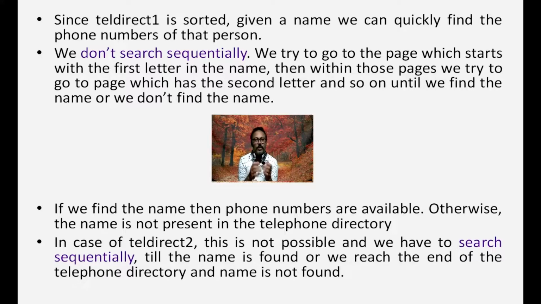So the only procedure you have is to start from the first name, whatever it be, and then search sequentially until you either encounter the name, or you reach the end of the telephone directory and you don't find the name. So you can imagine the complexity. So that's why data organization is very, very important.